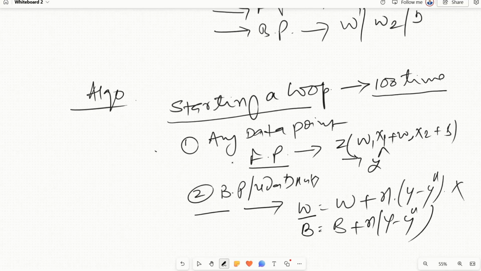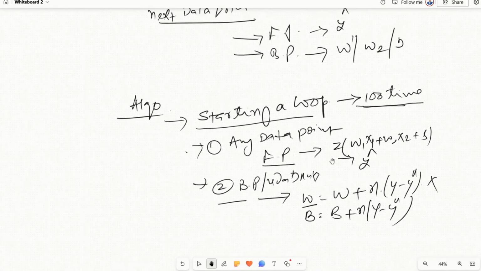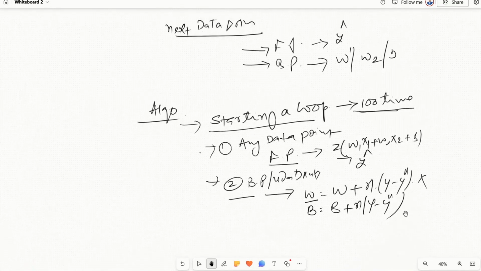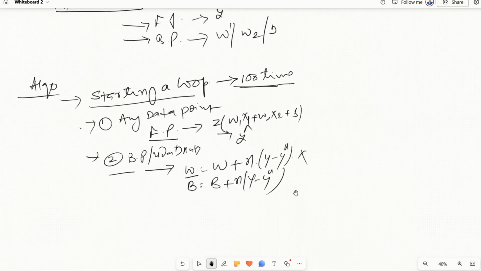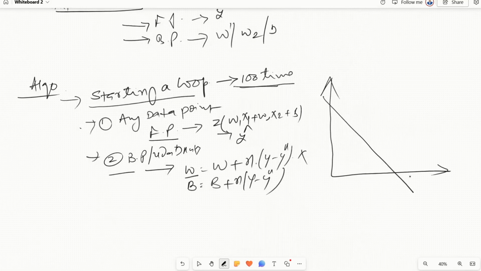So these two operations will happen in a for loop, suppose 100 times, 200 times, and finally you will find a right straight line. Graphically, you are trying to find the right line so that, if I have multiple data points, I can separate them into different clusters.